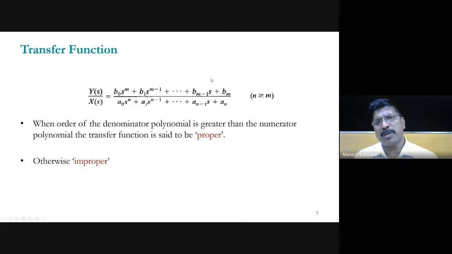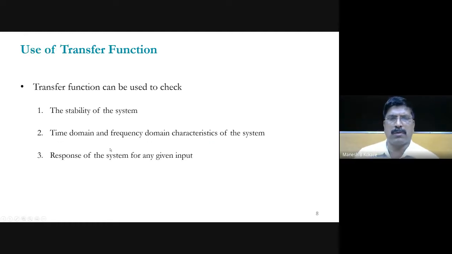So multiplication of the transfer function with the input gives you the output. So the response of the system for a given input can be determined with the help of the transfer function. So these are the three uses of the transfer function. One is we can find out the stability of the system. Second is that we can find out the characteristics of the system in the time domain as well as the frequency domain.